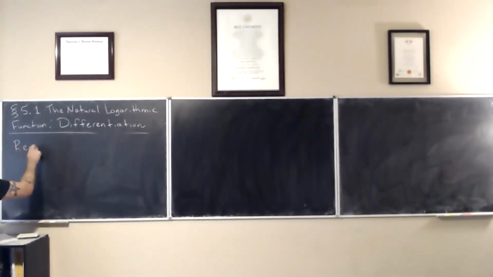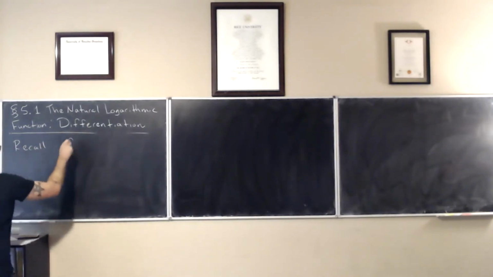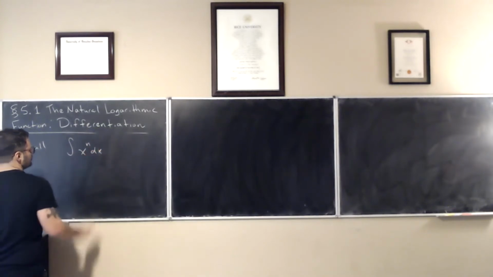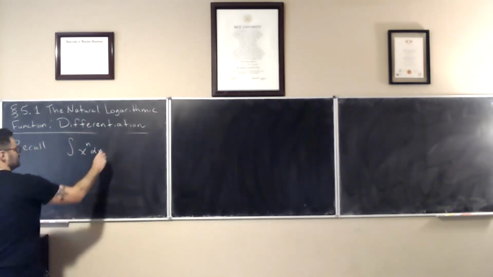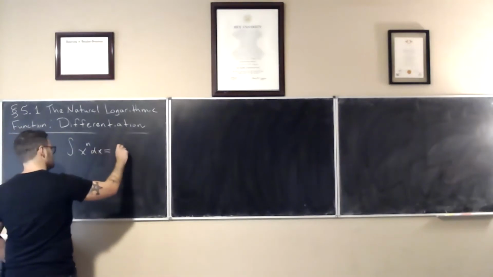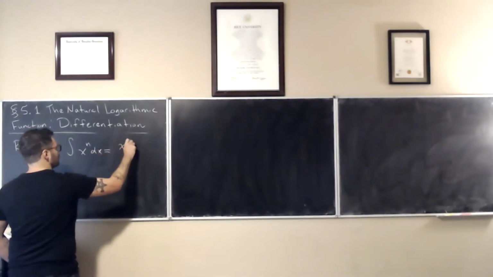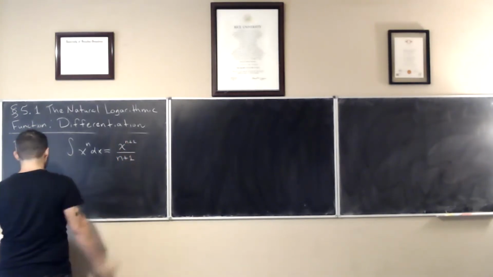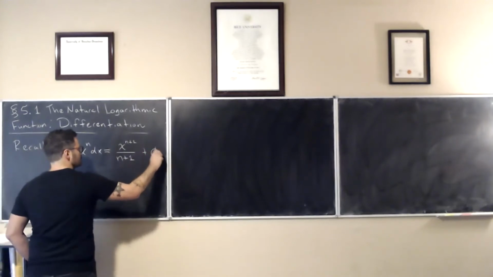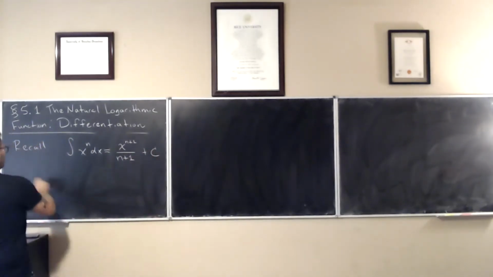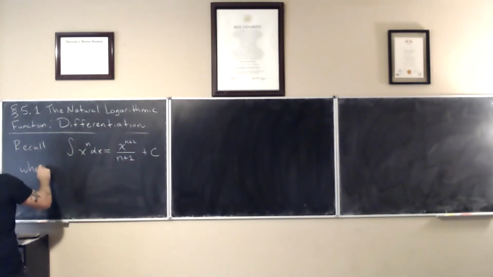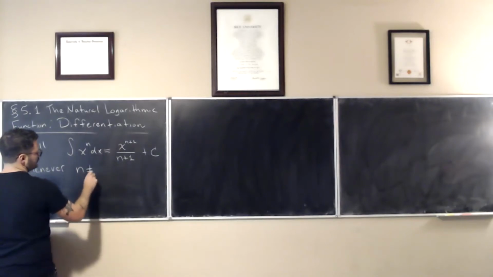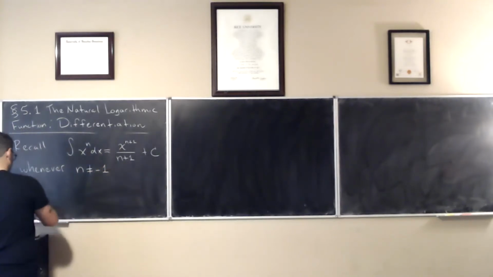So recall that if we have the indefinite integral of x to the power n dx, then this is going to be x to the power n plus 1 all over n plus 1 plus your integration constant c whenever n is not equal to -1.